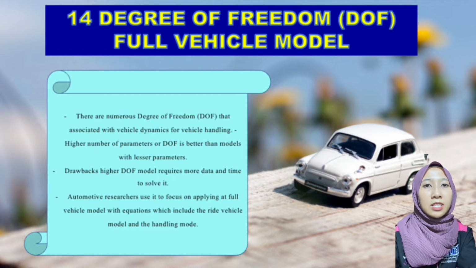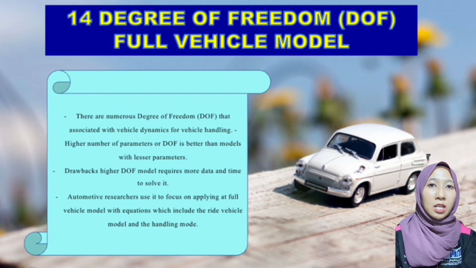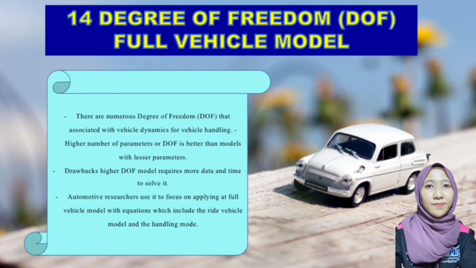As a disadvantage, when using a higher degree of freedom model, it will require more data and time to solve it. Automotive researchers use it to focus on applying a full vehicle model with equations which include the right vehicle model and the handling model.